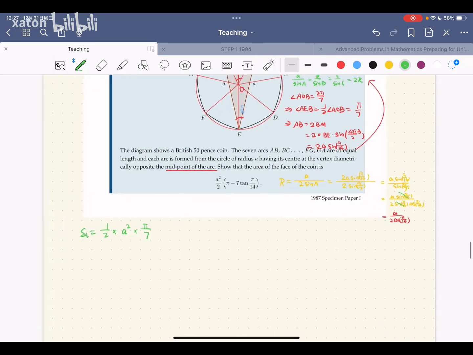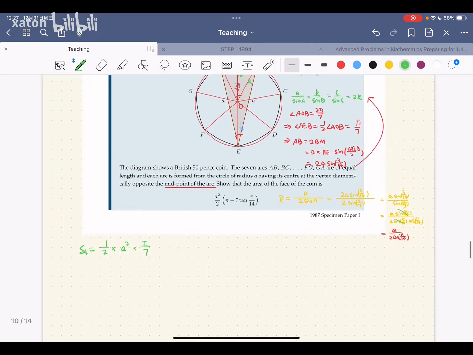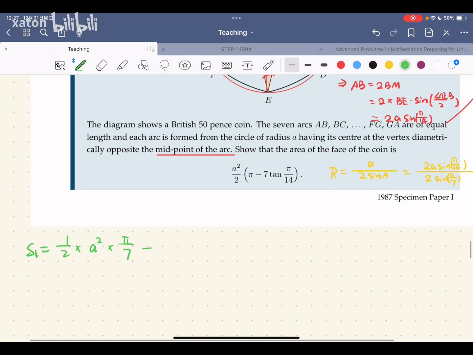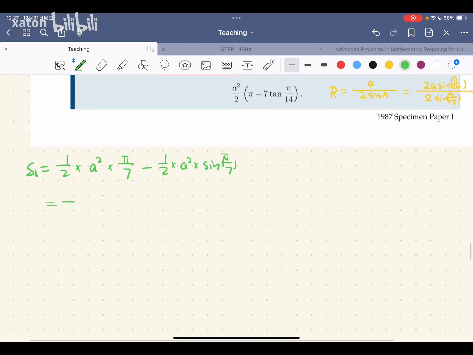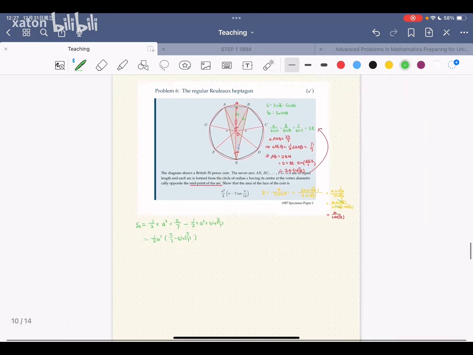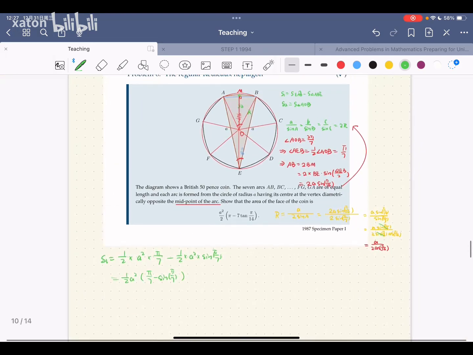We use the sine rule for area too. It will be 1 over 2 times b squared times sine pi over 7. So for this part, it's pi over 7 minus sine pi over 7. This is for S1.